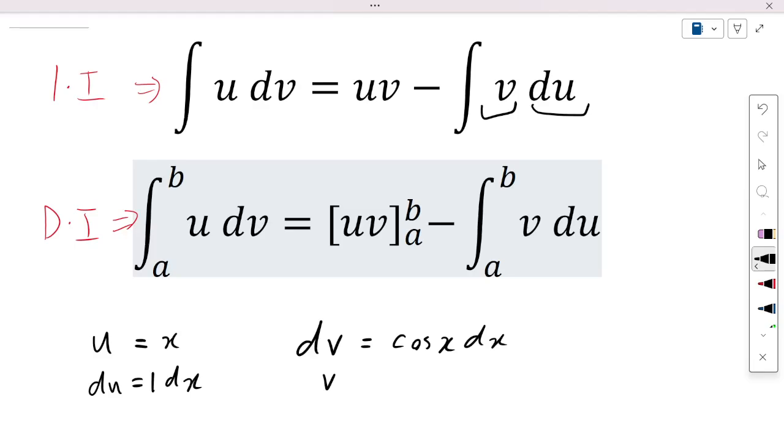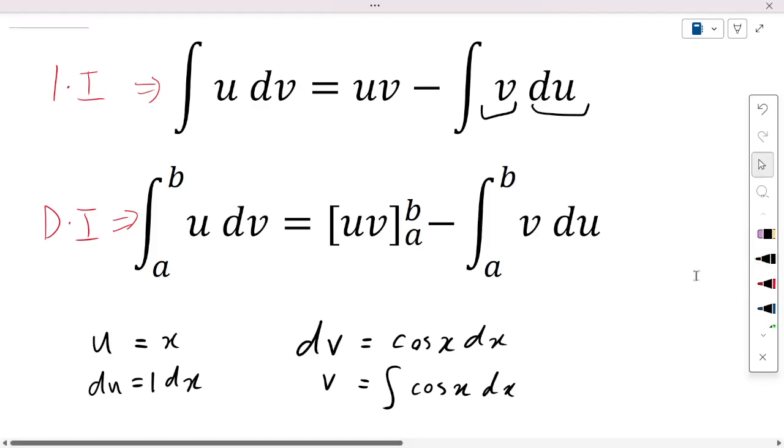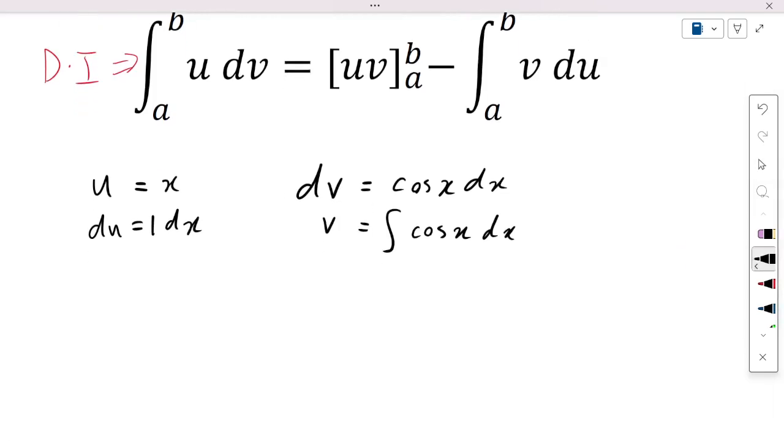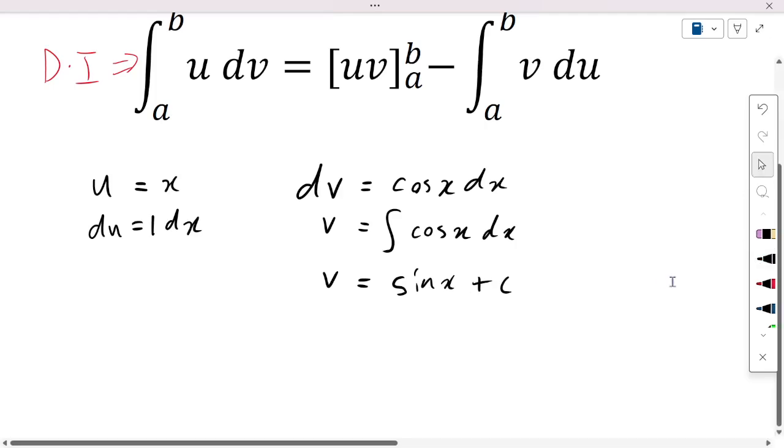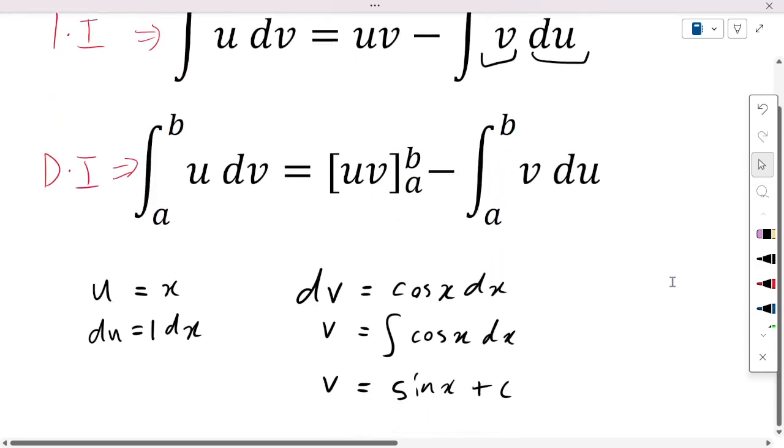Then v will just be equal to the integral of cosine x dx. We take the integral because we want to get rid of dv and turn it into v, the original. Then v is equal to sine of x plus c. But when we are doing the substitution, we wouldn't really add the plus c until the end of the question.